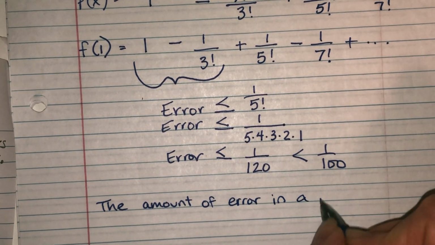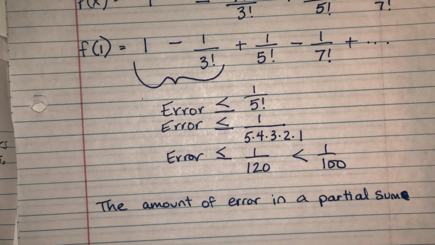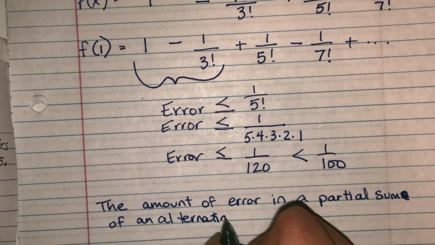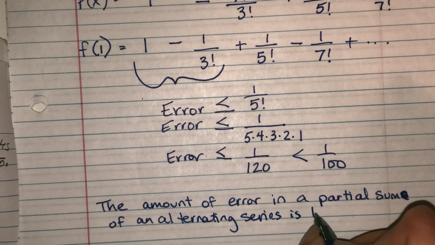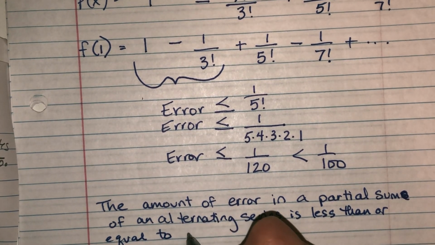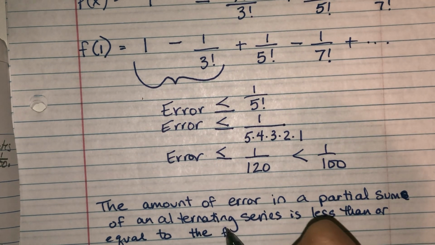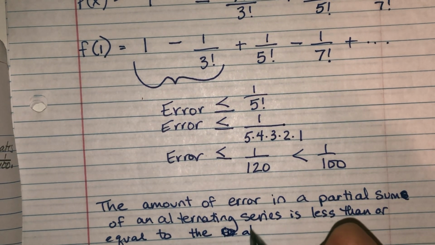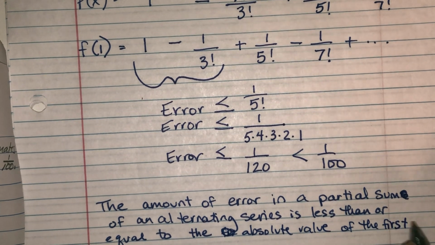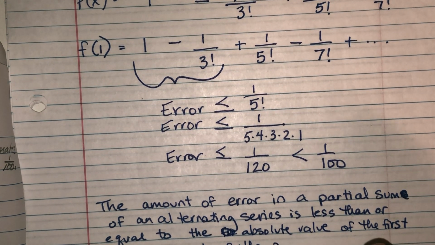So the amount of error in a partial sum, which means just adding up a discrete number of terms, in a partial sum of an alternating series is less than or equal to the absolute value of the first term left out of the partial sum.